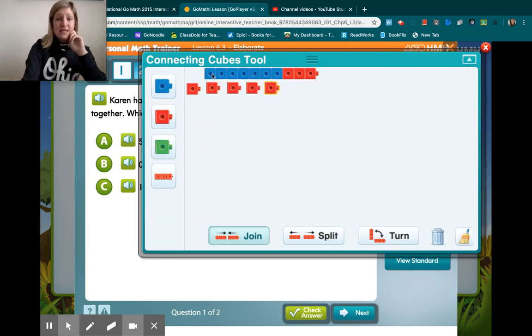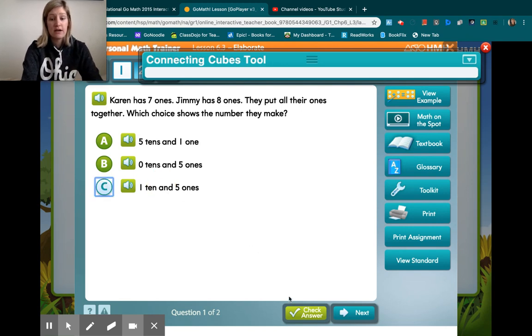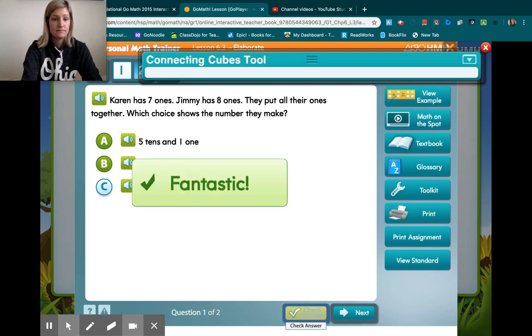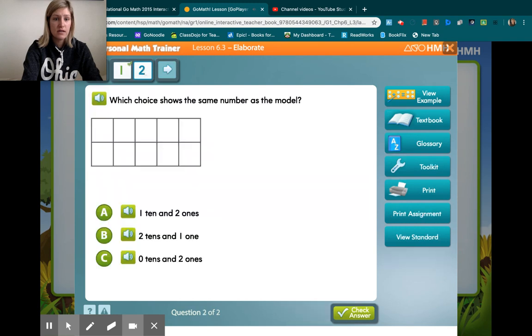Well, no, we said we have 1 ten and 1, 2, 3, 4, 5 ones. So let's keep looking for that. 0 tens and 5 ones? No. And 1 ten and 5 ones. Yes, that's what we figured out. So let's choose that and check our answer. Fantastic! Awesome job.